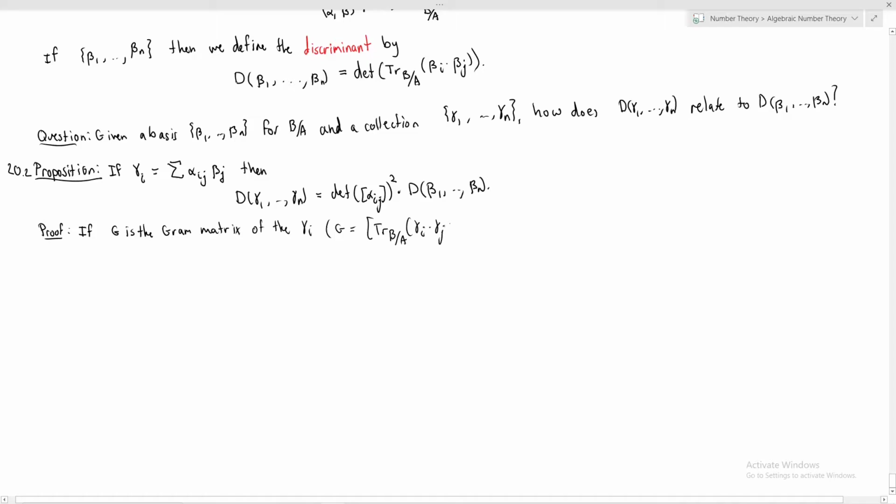So the ij entry is this trace. G is the gram matrix of the gamma i's. Let's say B is the gram matrix of the beta i's, and let's just say A is this alpha ij matrix, the change of basis matrix.